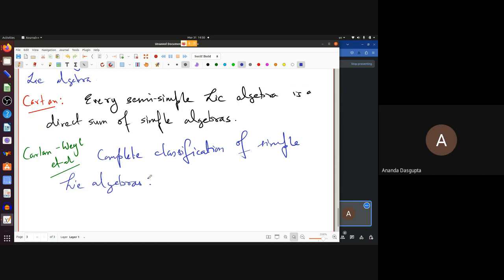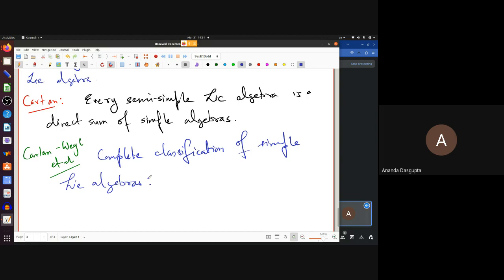Essentially, the same kind of arguments, used judiciously, of course, can lead you to the result that you can completely specify all possible simple Lie algebras. There are infinitely many of them, but they all come within 4 or 5 classes, except for a few exceptional cases. In any case, you can completely write down all possible simple Lie algebras, which means the semi-simple part of every Lie algebra is completely known. That is, you know all possibilities.